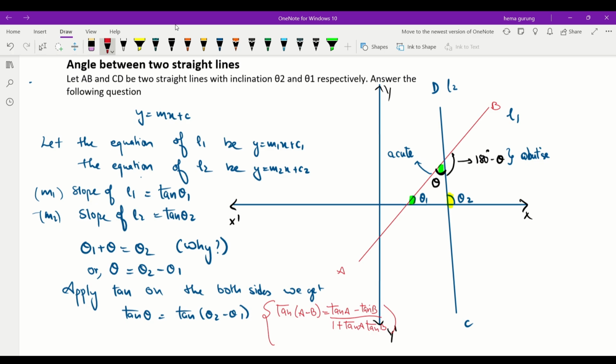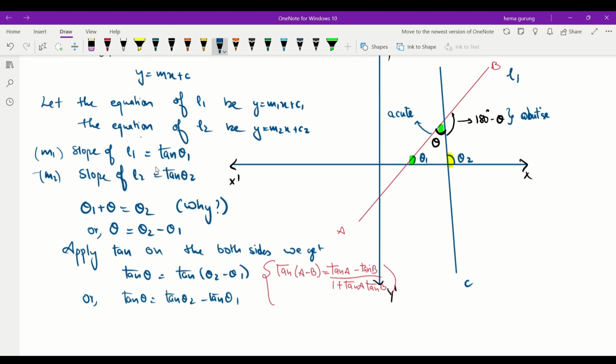Fine. Applying that formula here, we can write tan theta is equal to tan theta 2 minus tan theta 1 divided by 1 plus tan theta 2 tan theta 1.